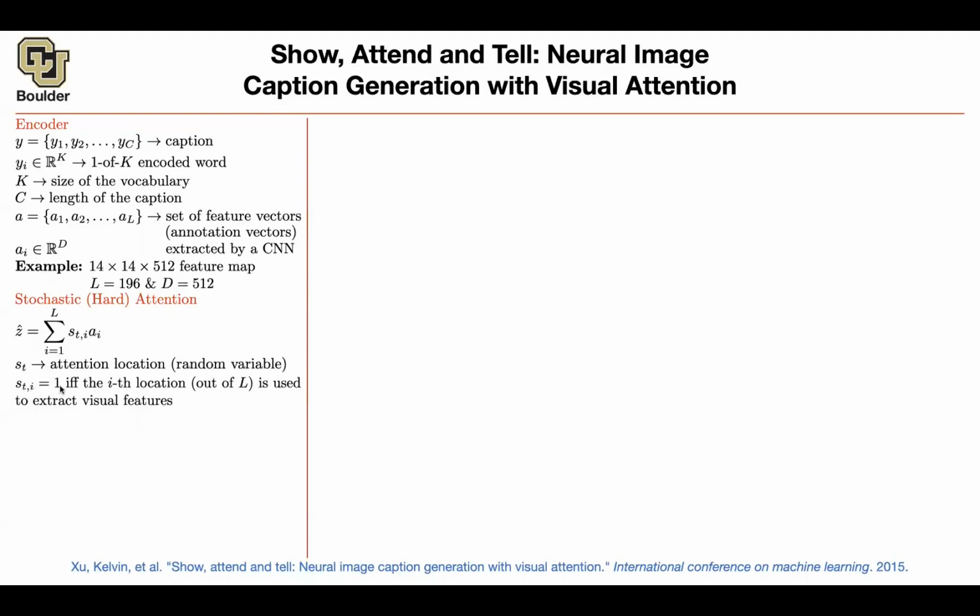So s_t,i is going to be 1 if you're paying attention to location i, and 0 otherwise. So now you're seeing why this is a hard attention. You generate a random vector s. Most of the time it's 0, and sometimes it is 1. At a single location it's going to be 1, and z hat is going to be a_i. So this is hard attention. Okay, let's model this distribution.